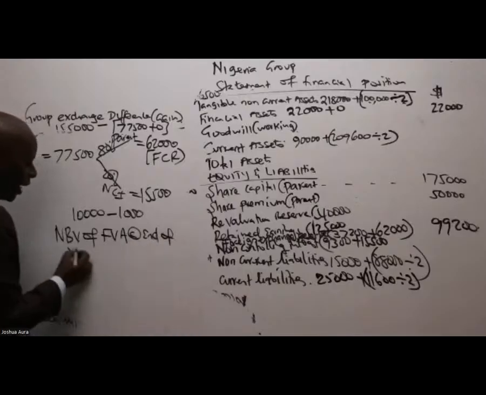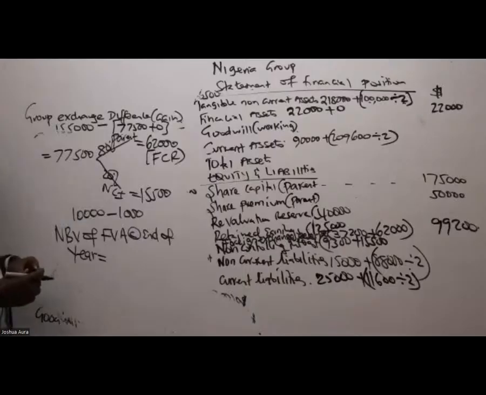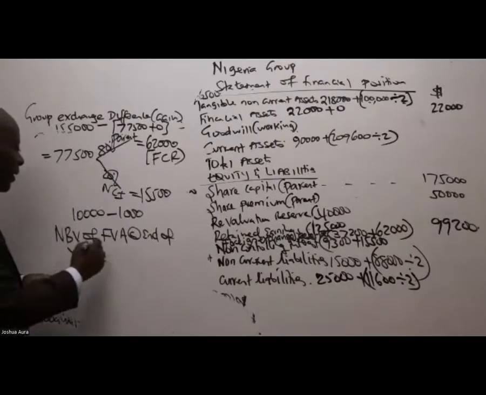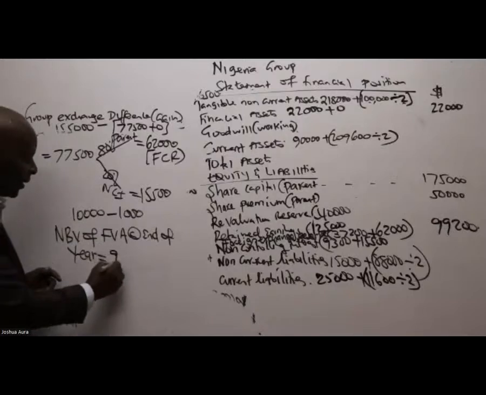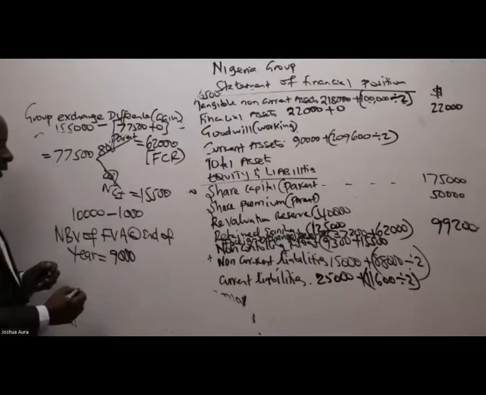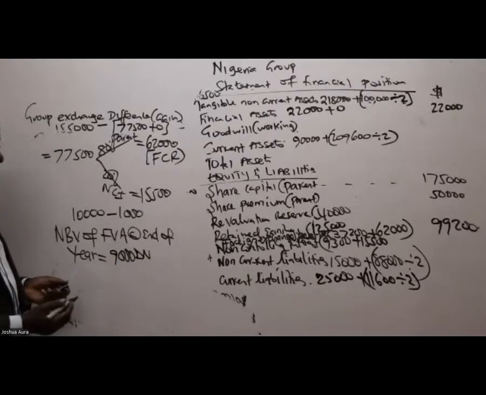This will be 10,000 minus 1,000, which gives me 9,000.